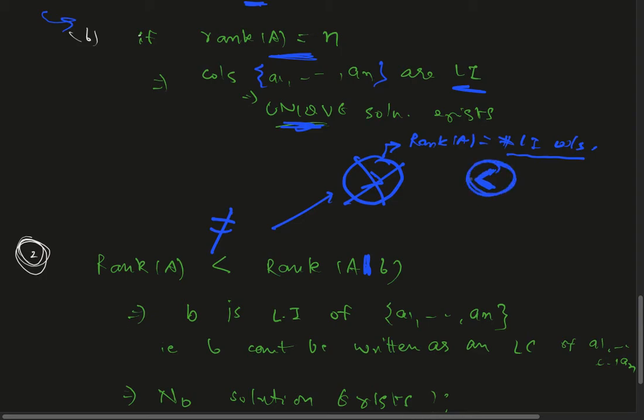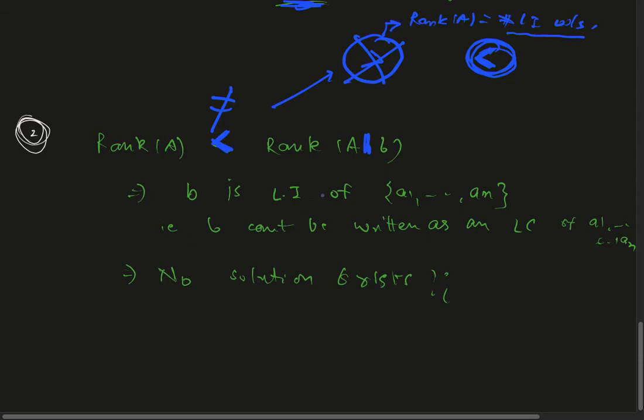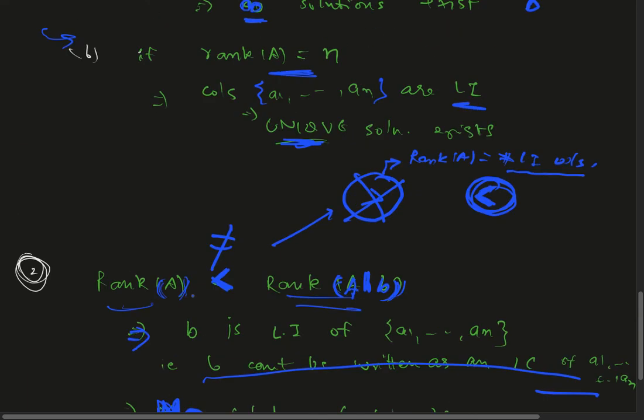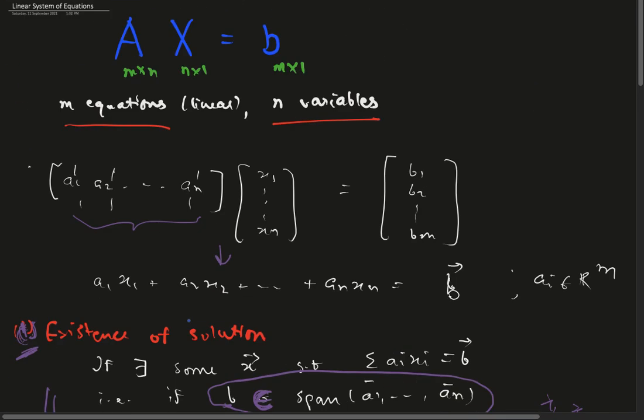We'll consider this inequality here. If the rank of A is less than the rank of [A B], this means that [A B] has more linearly independent columns compared to A, which is equivalent to saying that B cannot be written as a linear combination of A1 to An, which automatically implies that no solution exists. So this was a discussion on the solution of the linear system of equations.